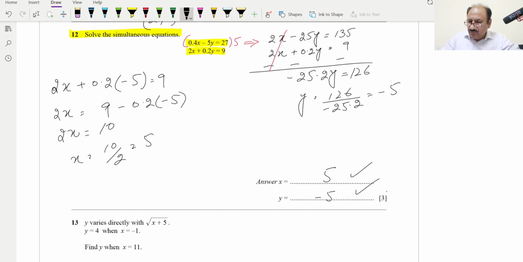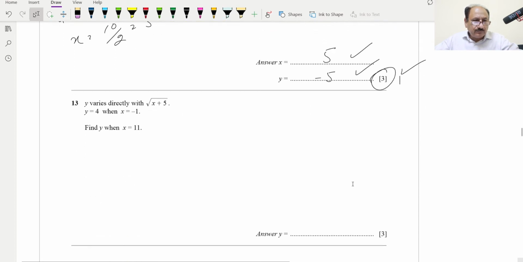These are x and y values, and this is a 3 mark question which we are done.